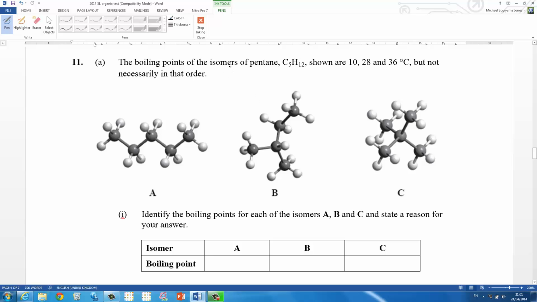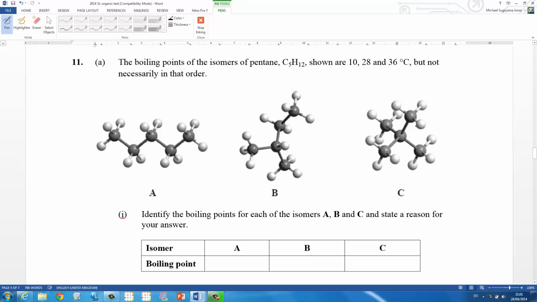We have the boiling point for the isomers of pentane. Here they are, A, B, and C. And the boiling point is 10 degrees, 28 degrees, and 36 degrees C, but not in that order. So which isomer has which boiling point? Well, it's all about the branching. C is the most branched isomer. That means it'll have a lower boiling point because the molecules cannot get close together.